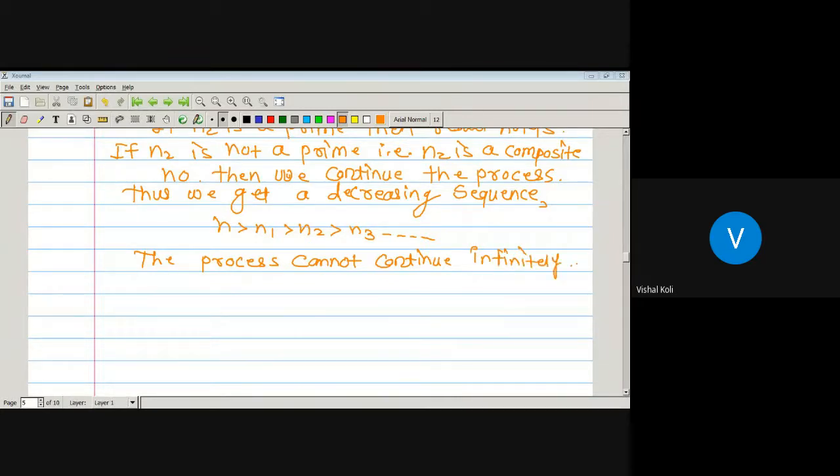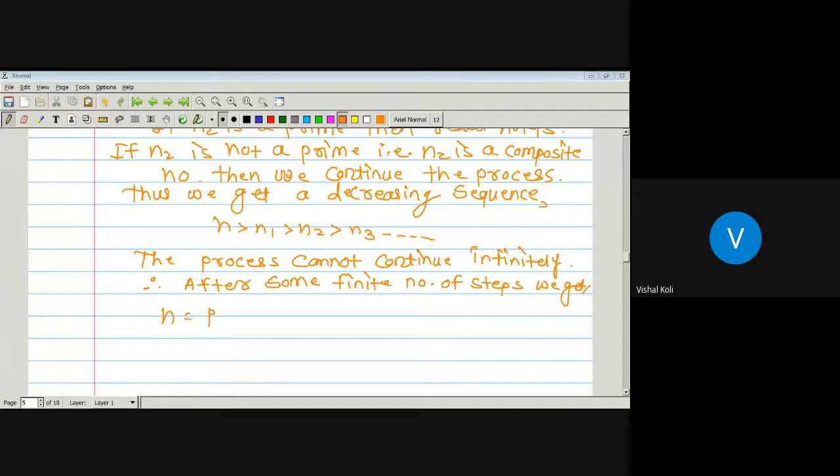That is, after some finite number of steps, the process must be stopped. Therefore, after some finite number of steps, we get n as a product of some k integers.